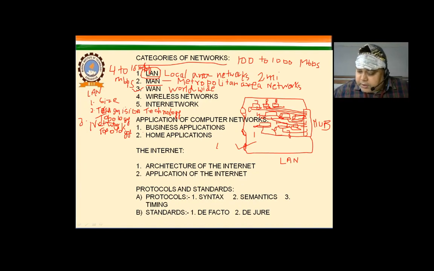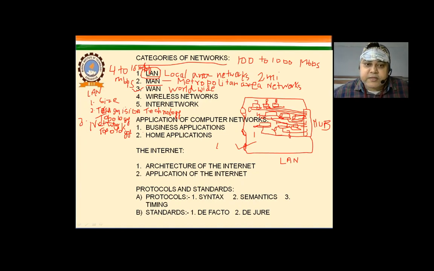According to this, we mainly have LANs operating now at currently up to 10 gigabits per second.